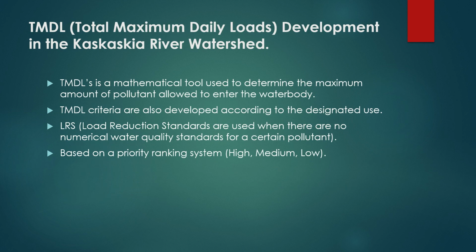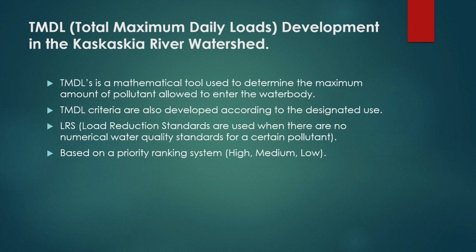So basically, what happens is, when the EPA or a state agency reports that a water body is impaired, and it gets listed under the 303D listing process with the US EPA, then they're required to create these TMDLs, which are total maximum daily loads.